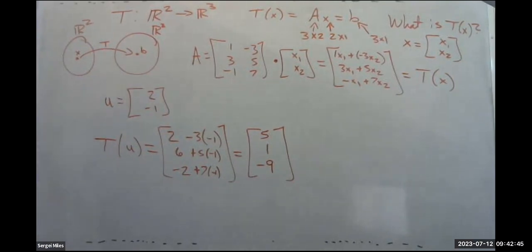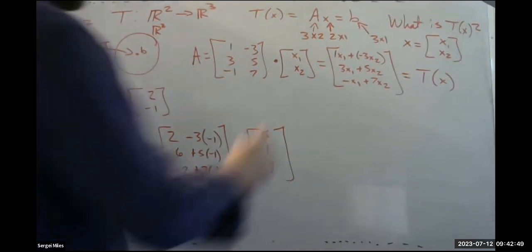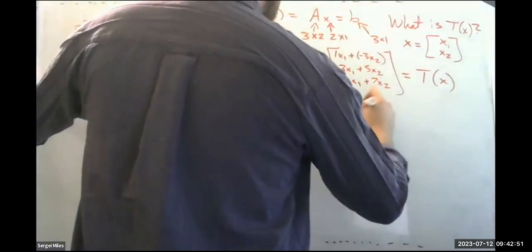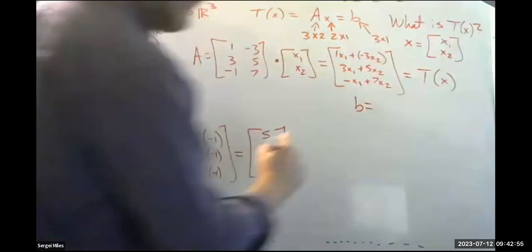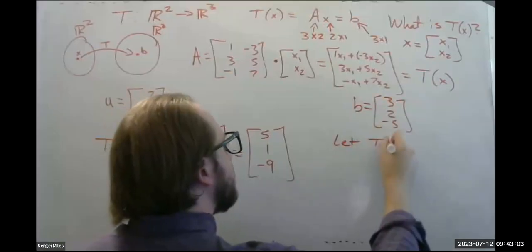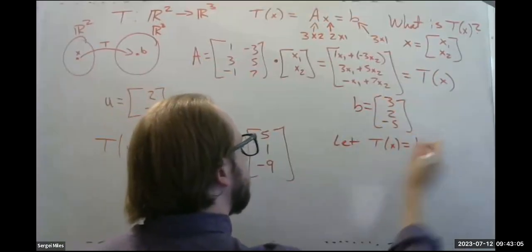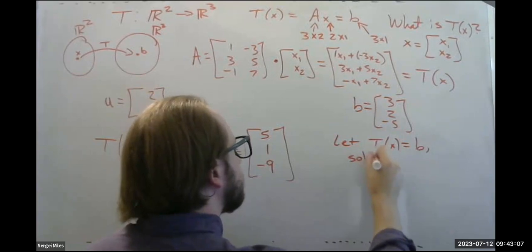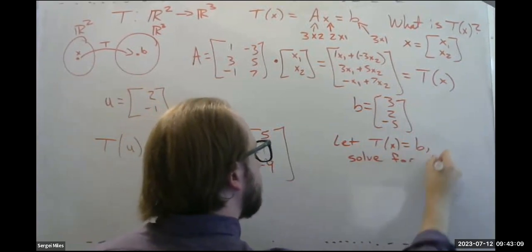So we could ask the question, okay, well, let's let b equal (3, 2, -5). And we could say, all right, let T of x equal b, solve for x.